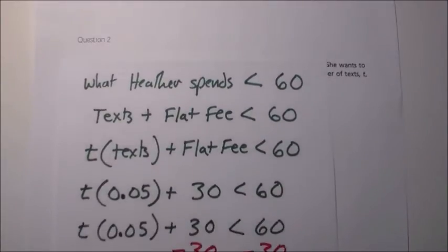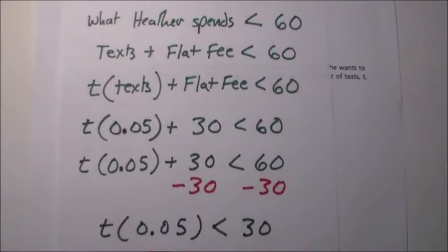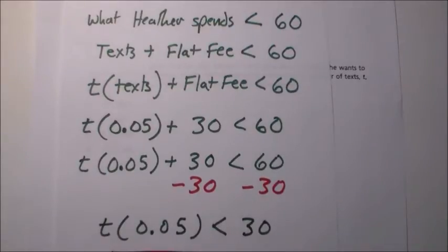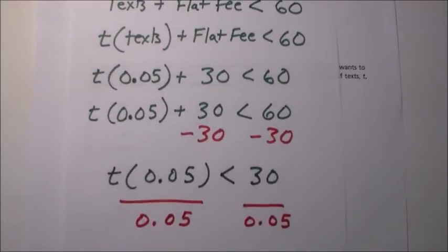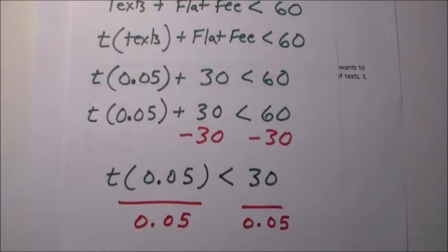How do I solve this? Again, I solve it by simply subtracting 30 from either side in the first instance, and then I have T times 5 cents, or $0.05, still less than 30. How do I solve for T? Well, dividing by 0.05 on either side is a good step.